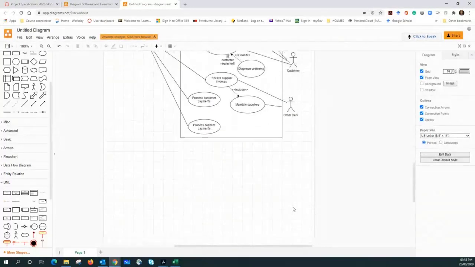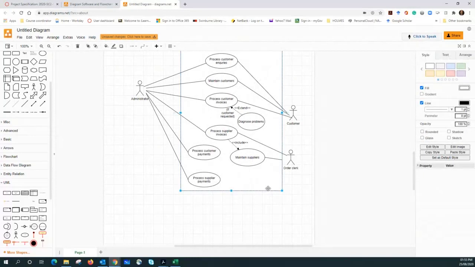That part is very easy. Let me duplicate the whole.